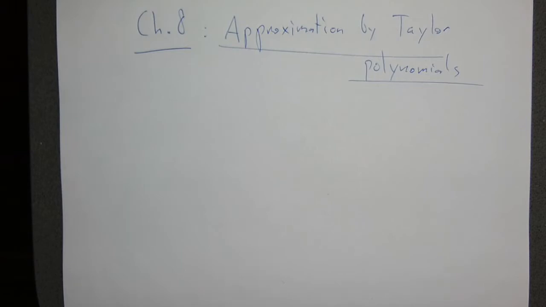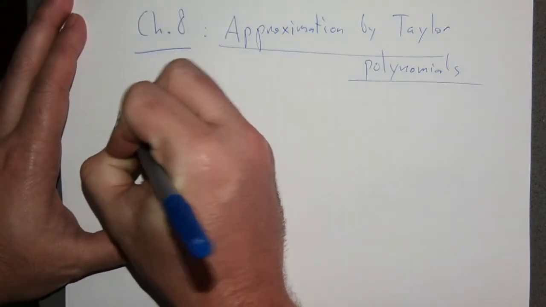And in that case, those functions had Taylor series expansions about some point. So the unifying idea is that I want to be able to approximate a generic function by some polynomials.